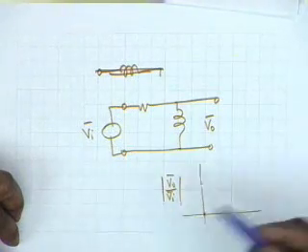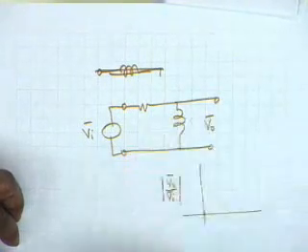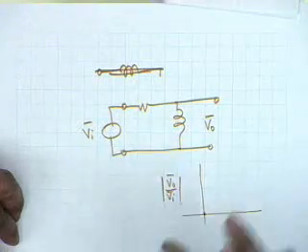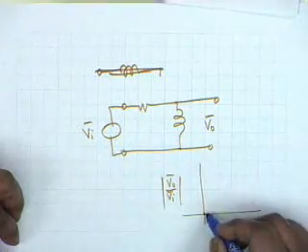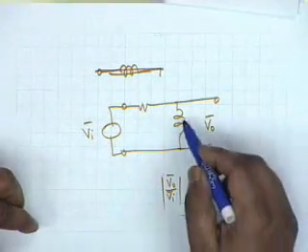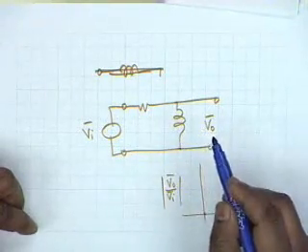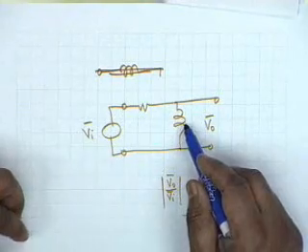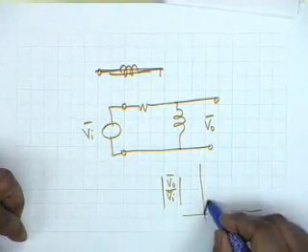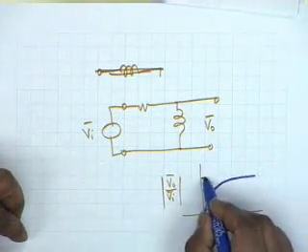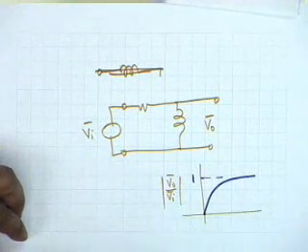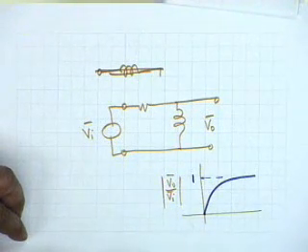And when the frequency increases, the impedance of this increases, and therefore the ratio of the voltage increases. And at infinite frequency, when this becomes Z of S at S equal to infinity, it becomes open, and therefore this will rise to 1 at infinite frequency. Alright?